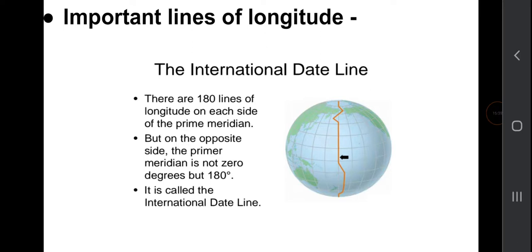When there is night in India, the date and the day will also change, and in Western Hemisphere there is day, so the day and date are different. So the international date line is only to avoid the confusion between date and time of countries located in both hemispheres. This is an imaginary line. We will discuss it later.